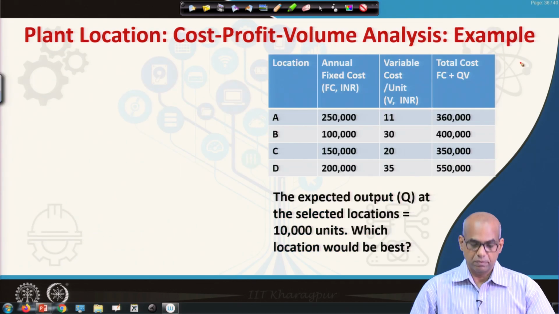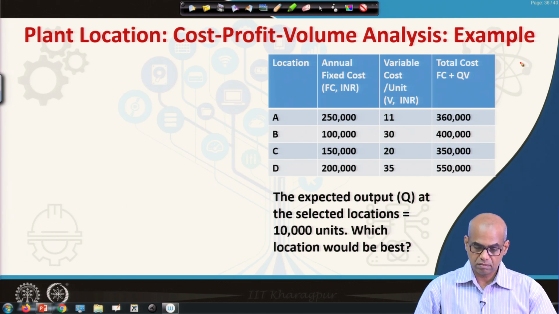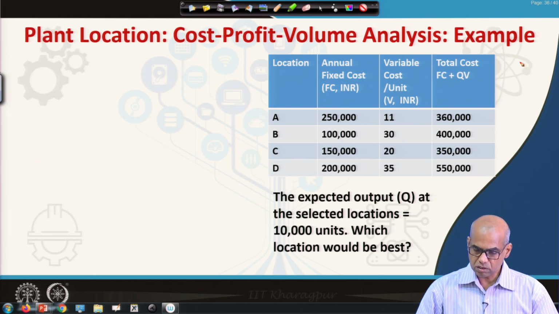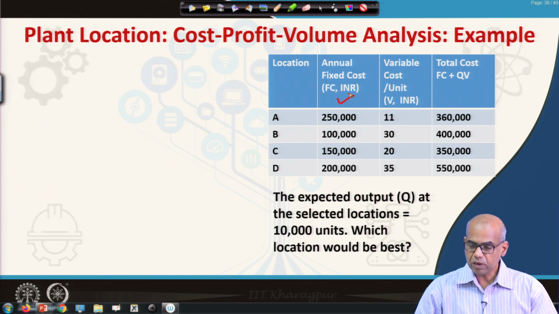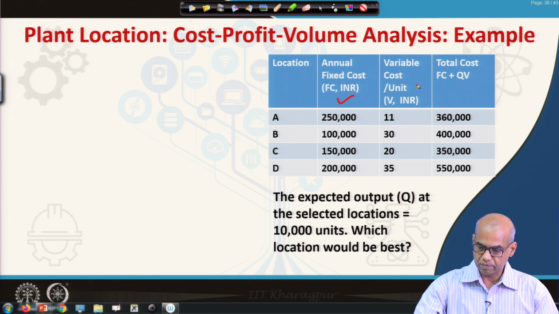Let us take this example as shown in the table. So, there are 4 locations A, B, C and D. At each location the annual fixed cost is given and variable cost per unit product is also given.